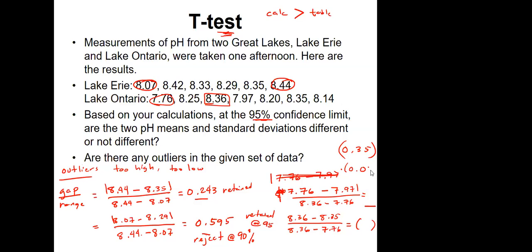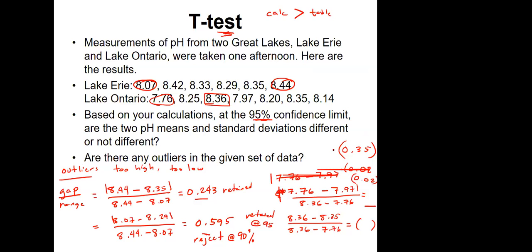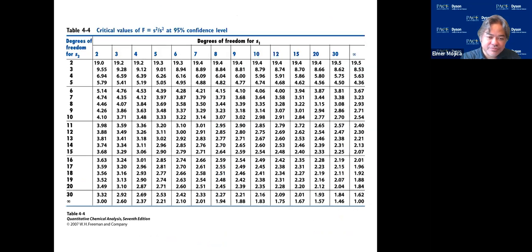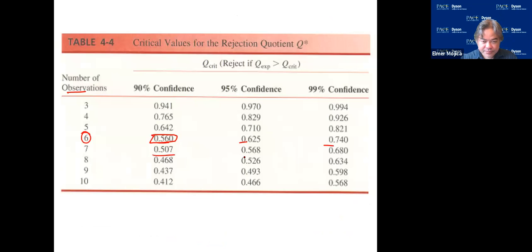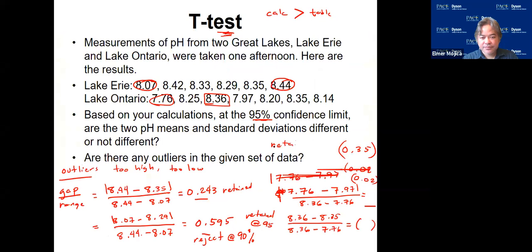What do you have here? 0.167 or 0.02. So we're going to look at those values and compare them here. And this time, you have these values: 0.507, 0.568, 0.688. So if you're going to look at this, what do you say? All those values are retained.